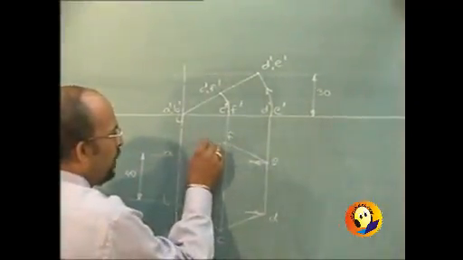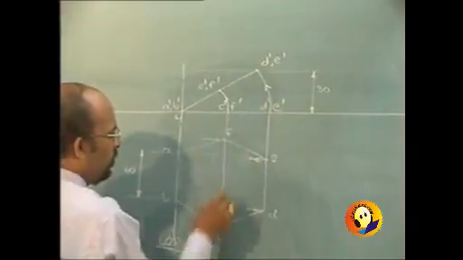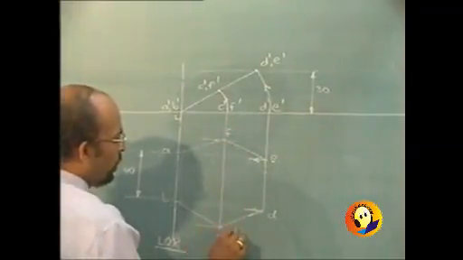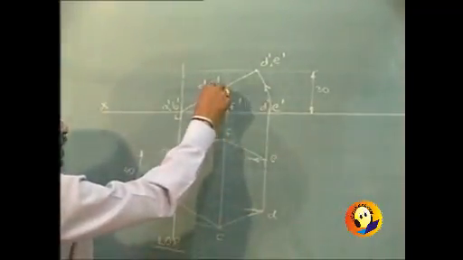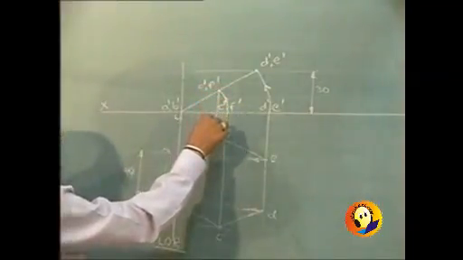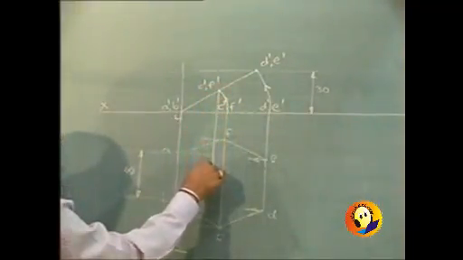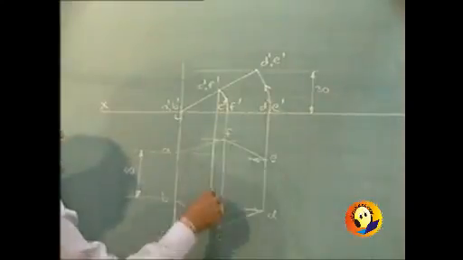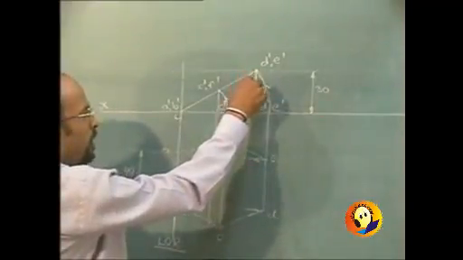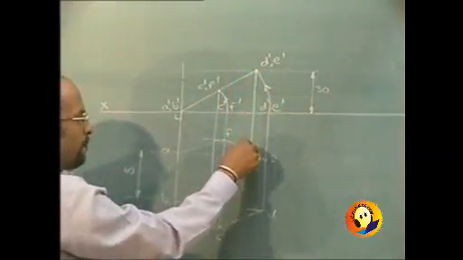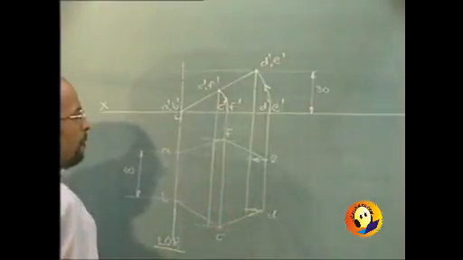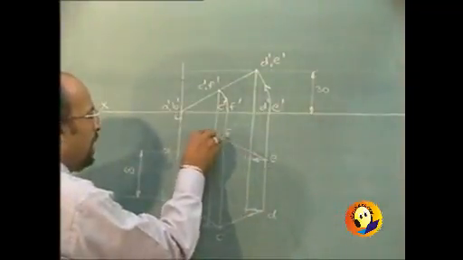So all the points in the top view will start moving parallel to XY, and then we will drop the projectors through points C and F and also through points D and E, and we can mark the final points.